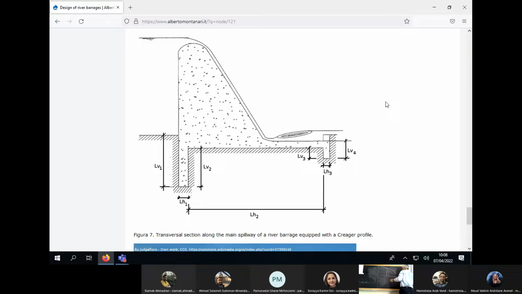Okay, so basically the flow is detached by the structure downstream. This is a situation that may be problematic if you have a huge flow, if you have a huge body of water that is flowing downstream.